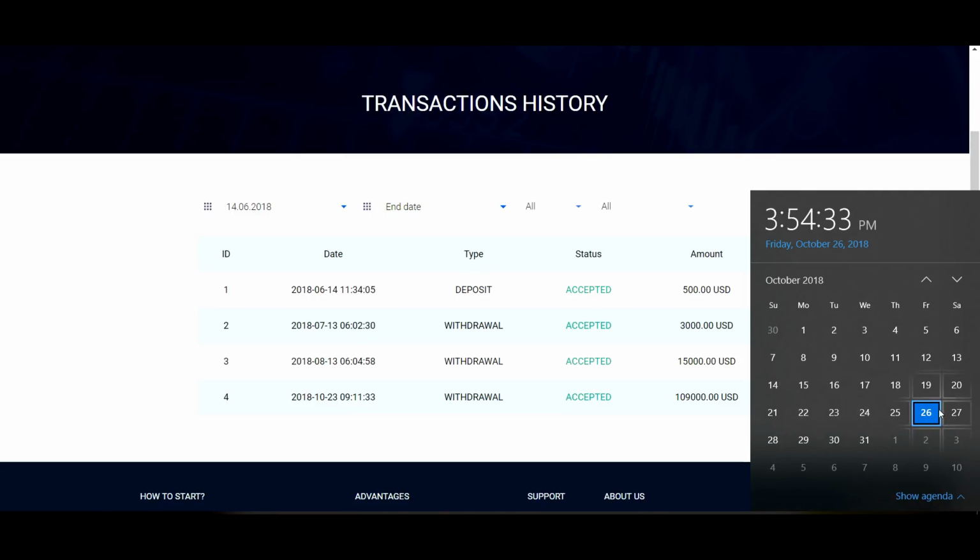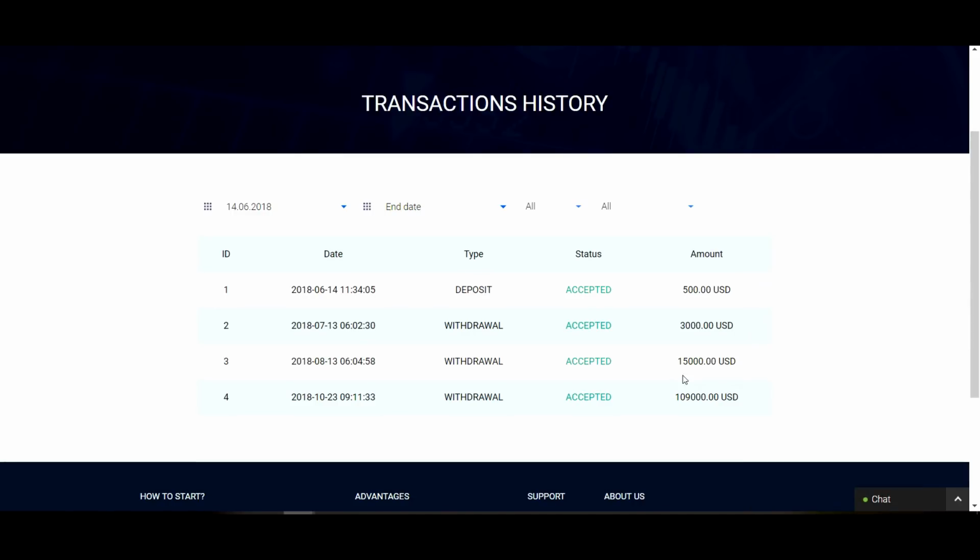I think it's going to take more than 3 business days for this one, because it's a way larger withdrawal request. However, I do have faith that this amount will reach my bank, because in the past I've withdrawn 3,000 over here and 15,000 over here, and both of these amounts reached my account safely. So I have no doubt that I will receive 100k into my account anyway.